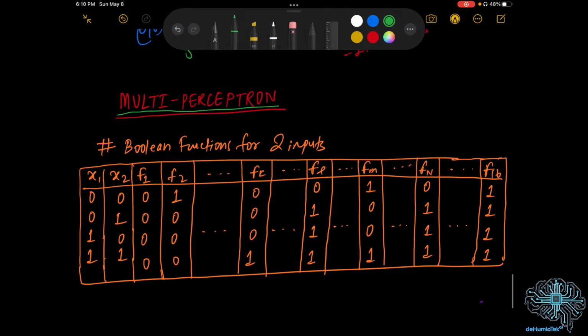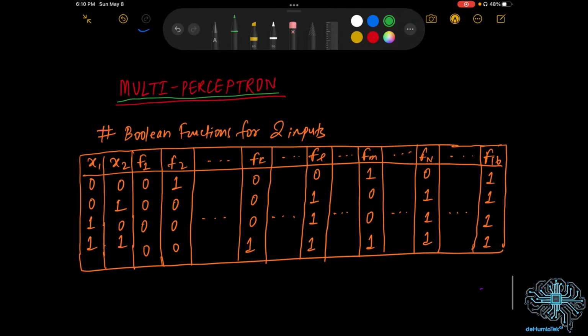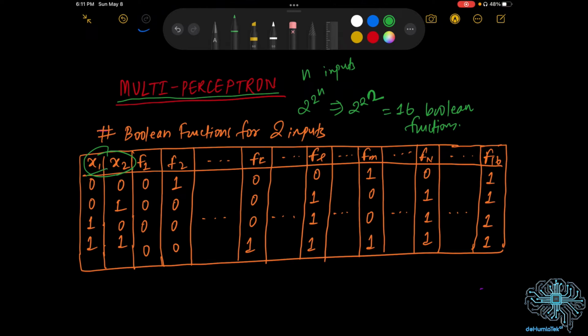Before this, for n inputs, the number of Boolean functions that we can define would be 2 to the power 2 to the power n. And for 2 inputs, the total number of Boolean functions that we can generate would be 2 to the power 4, so that's 16 Boolean functions that we can define with just 2 inputs.